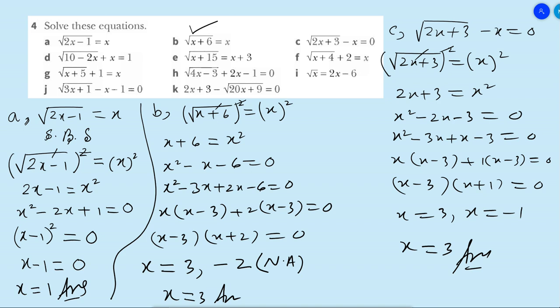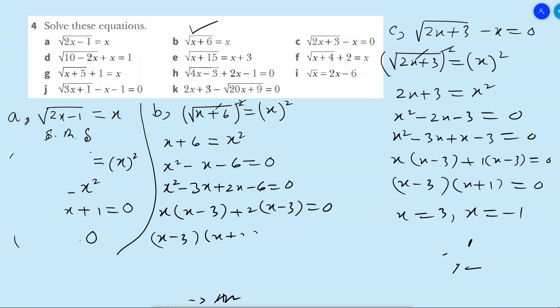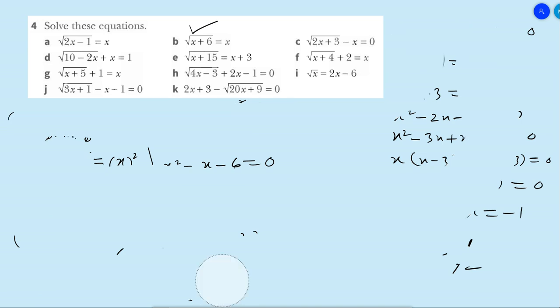So minus 1 is not acceptable. Okay, come to part D. So always check the answer by putting the value in the given question. This is the only way to verify your answers.